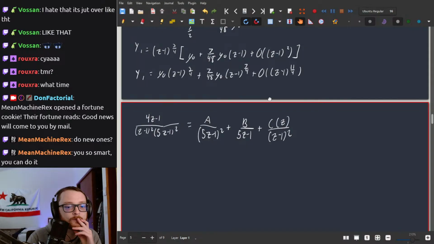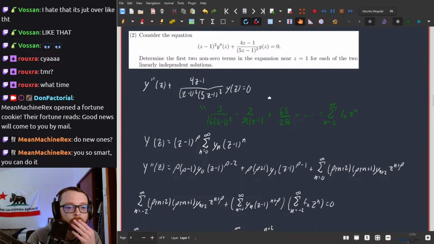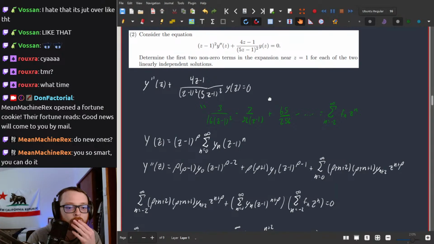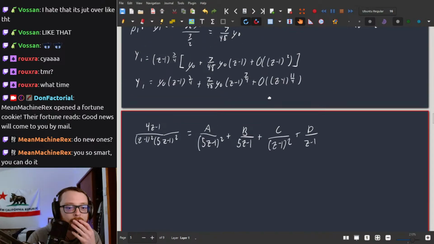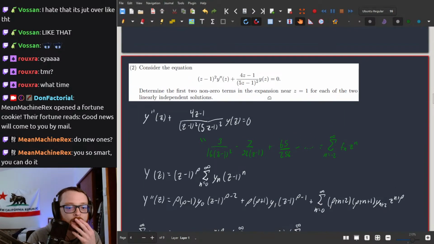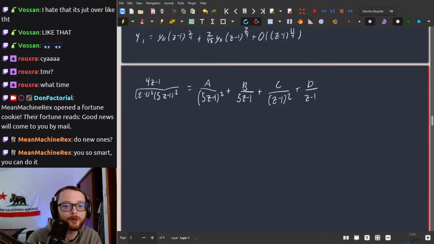Actually, no, I should just do regular partial fractions. That would be good enough. Wait. Oh, shoot. It's about z equals 1. I forgot. So what I actually want are c and d.